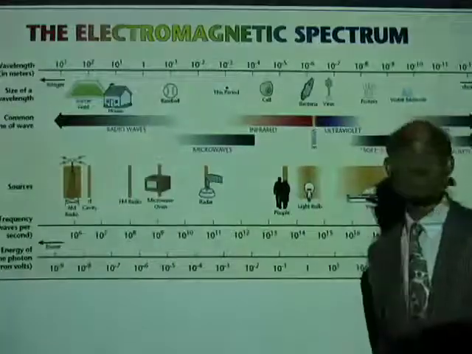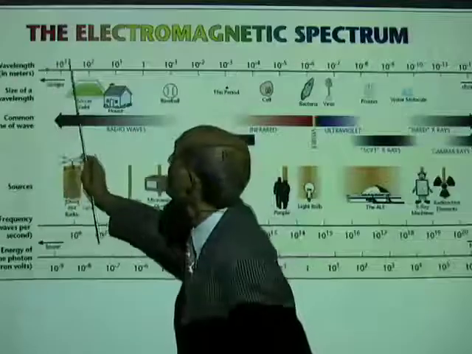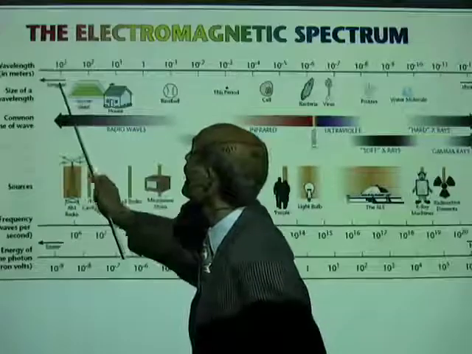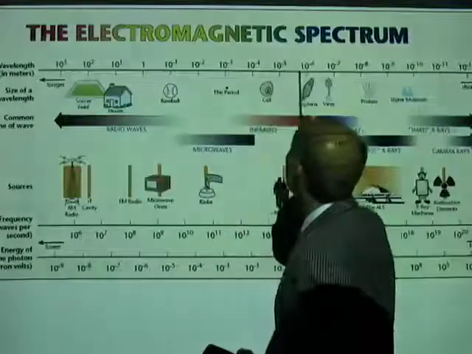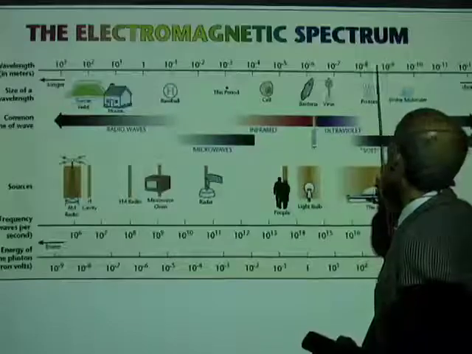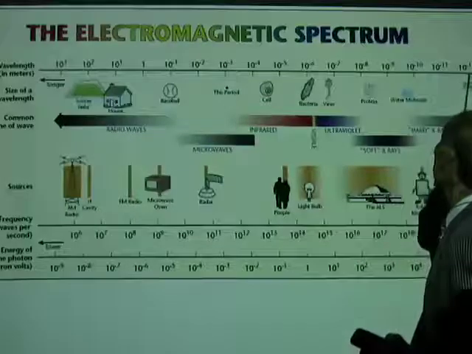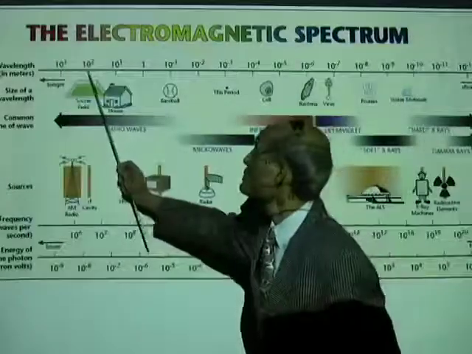Now here I have a picture of the electromagnetic spectrum. There is the wavelength, look at that, wavelength in kilometers down to micrometer, 10 to the negative 6 meter, to nanometer, to picometer. You can see wavelength decreases.